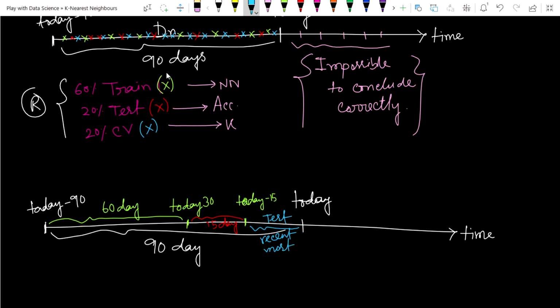I think you have understood this. Our training data lies in this region. I have not taken data from everywhere.